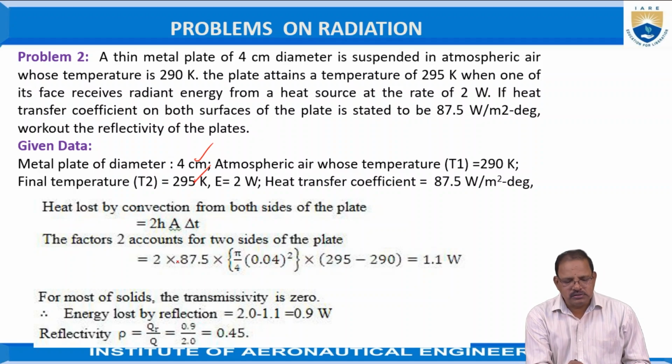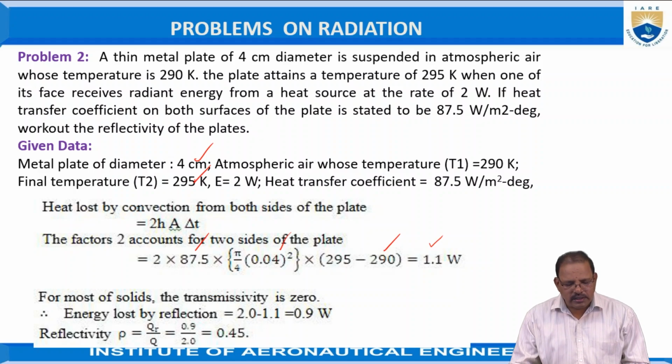On substituting the values, 2 into H is equal to 87.5 into area pi by 4 into 0.04 whole square into the temperature difference 295 minus 290, and doing the calculations we got this value equal to 1.1 watts.